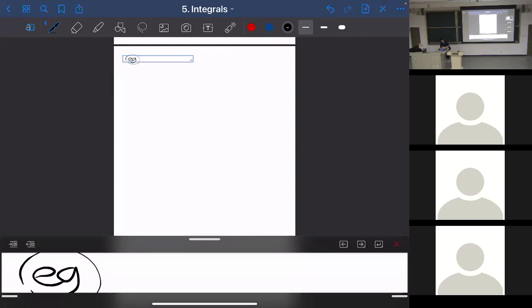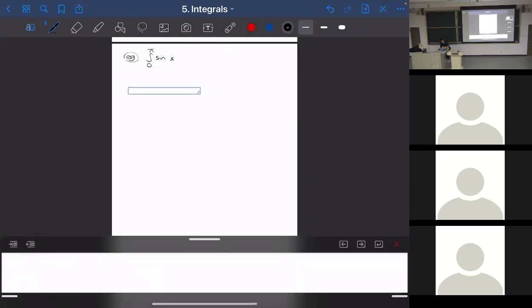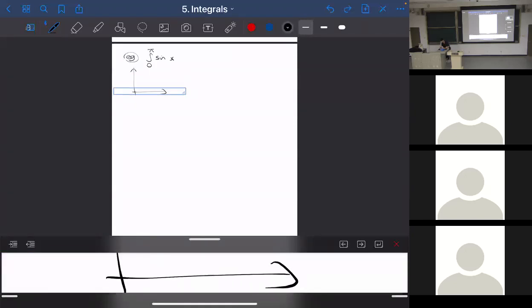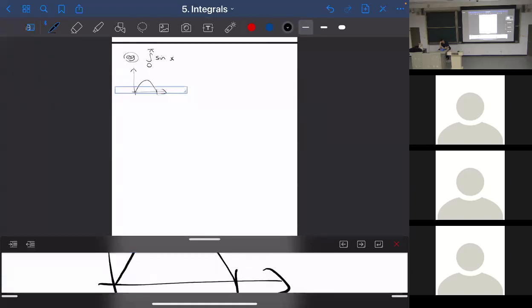So for example, if I integrate sine x from 0 to pi, let's remember the graph. So something like this.